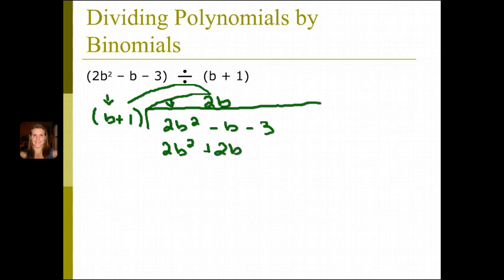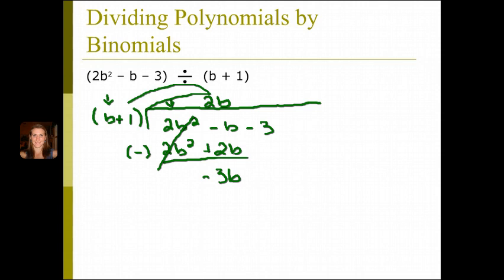Now we've got to remember back a long time ago to what we do from here. We need to subtract. Okay? I'm putting that in parentheses because not only am I saying 2b squared minus 2b squared gives me 0, I'm also saying negative b minus 2b gives me negative 3b.